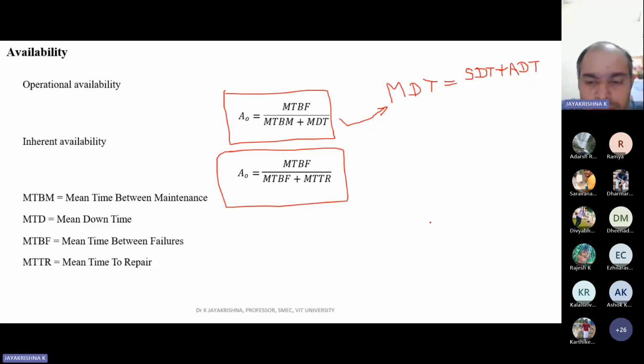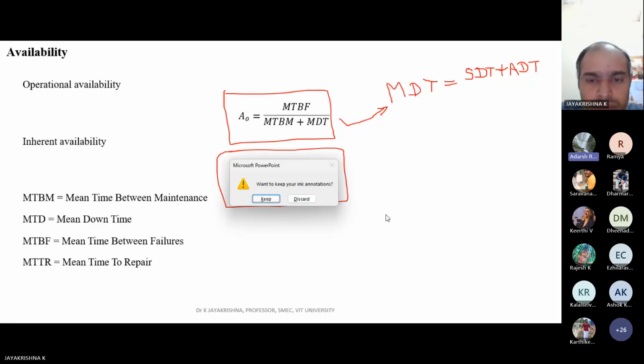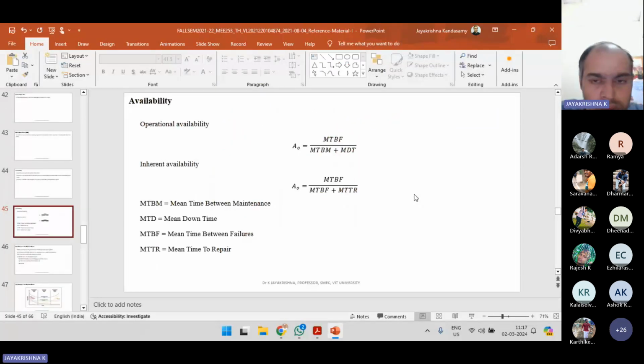Have you noted down the formulas? Yes, sir. Okay.